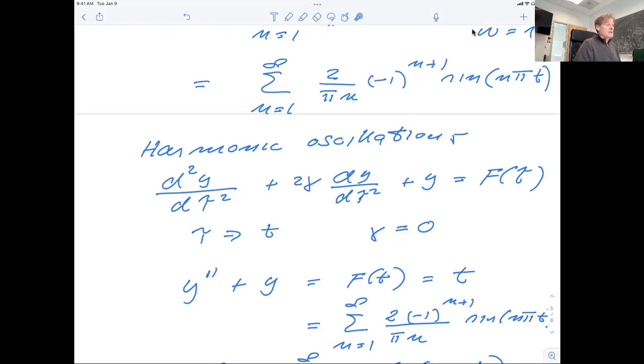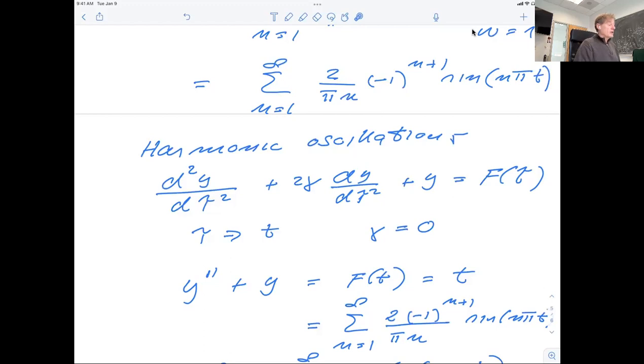Now, going back to this square wave function, that requires a little bit more complicated sine and cosine expansion, but we can expand that in a basis of sines and cosines. Then we can find the expression for this f of t in an expansion of sines and cosines, and then we can solve these differential equations. And that's the strength of the Fourier analysis.